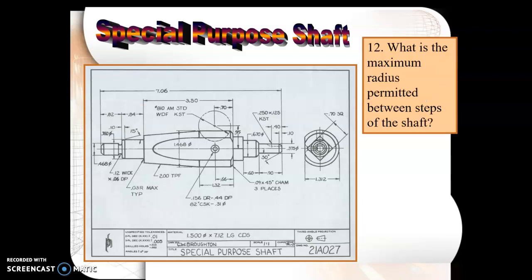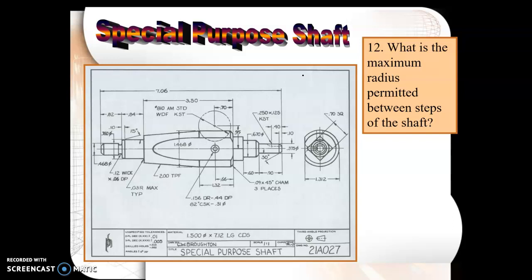What is the maximum radius permitted between steps of the shaft? So the steps indicate here we have a larger diameter, and that steps down to a smaller diameter, steps down even smaller, and steps down again. And at those corners where it steps down, there is somewhere on this drawing indicated the maximum radius that is allowed.